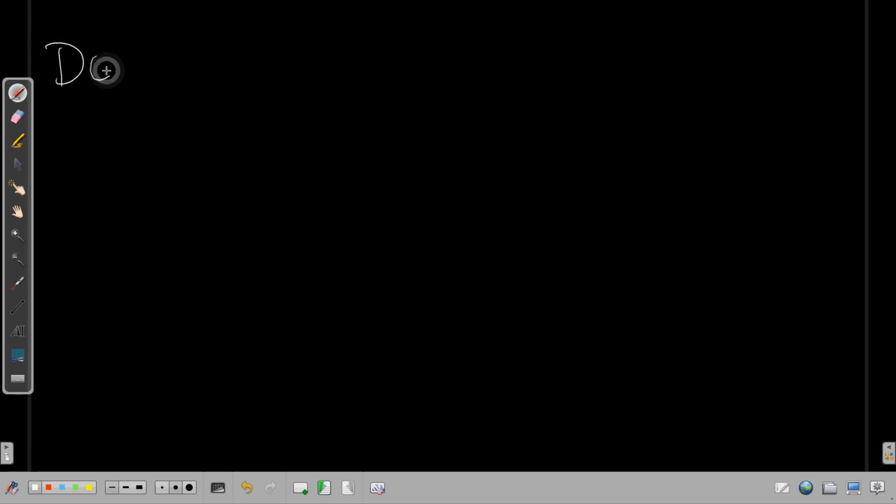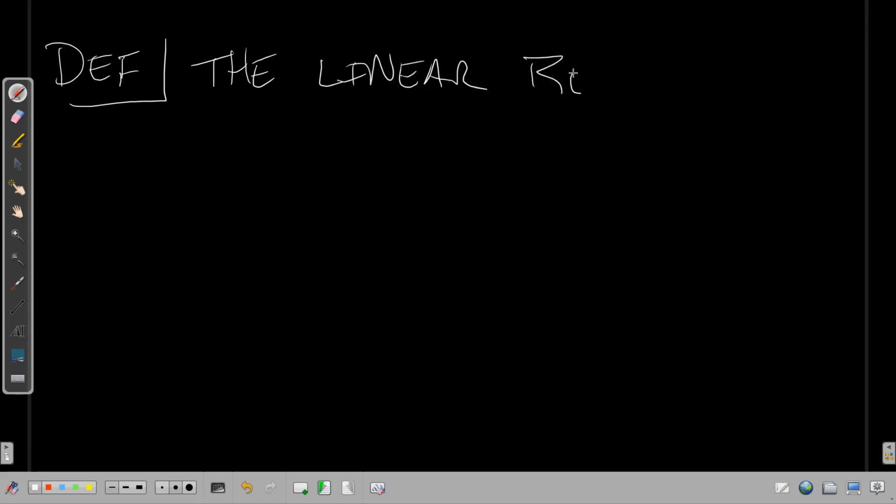We can now define what it means to be the linear regression line. So the linear regression line.